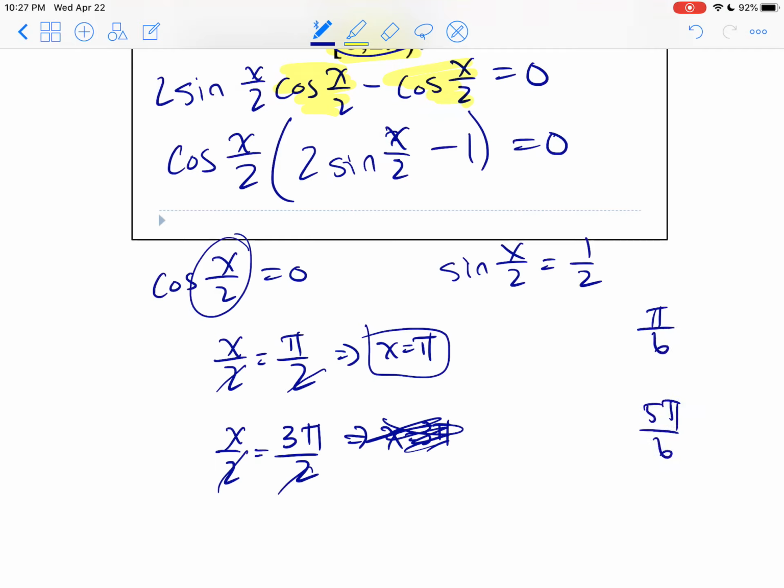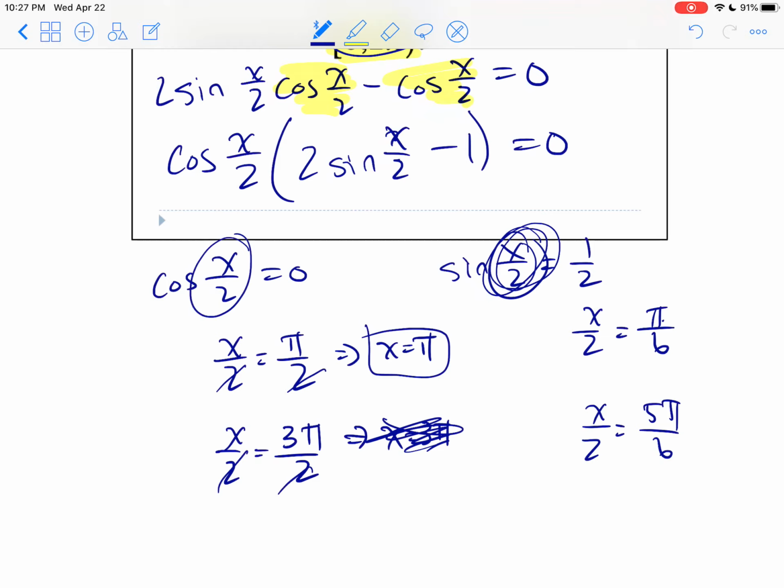But again, it's not theta that's equal to pi over 6. It's not x that's equal to pi over 6. It's x over 2 that's equal to pi over 6, because that's what's inside of here. I'm looking for when the inside of sine would equal 1/2. That's going to happen when the inside of this function is equal to pi over 6 or 5 pi over 6, but the inside is x over 2.